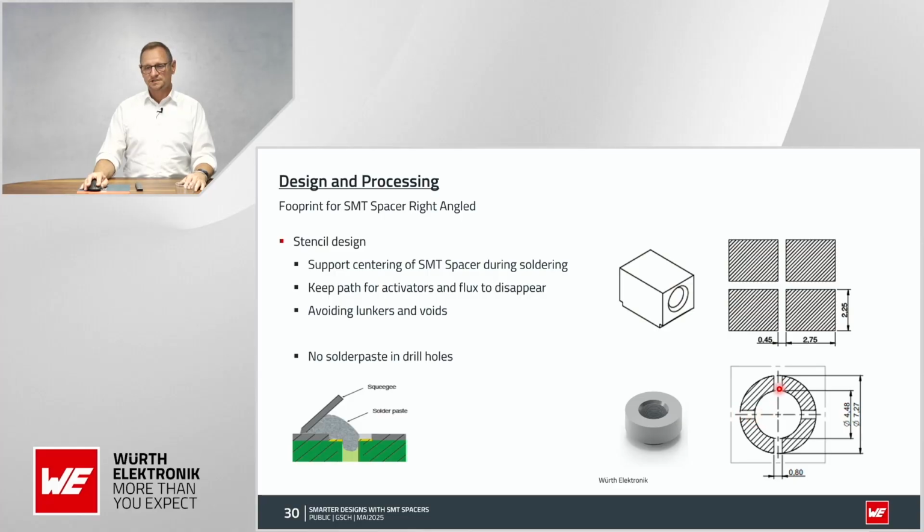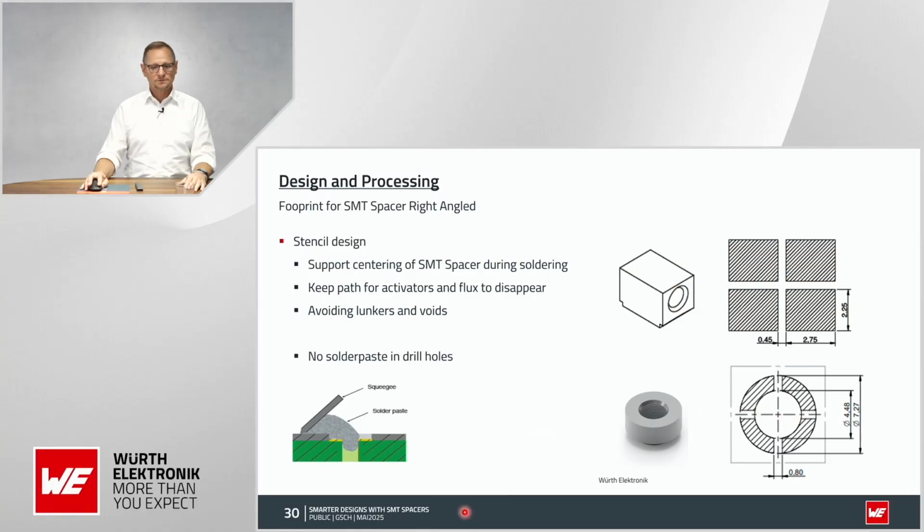So these bridges here hold again the surface, and during the solder printing, you see here again the PCB, and there is the stencil with the opening, and only the opened areas can be soldered.